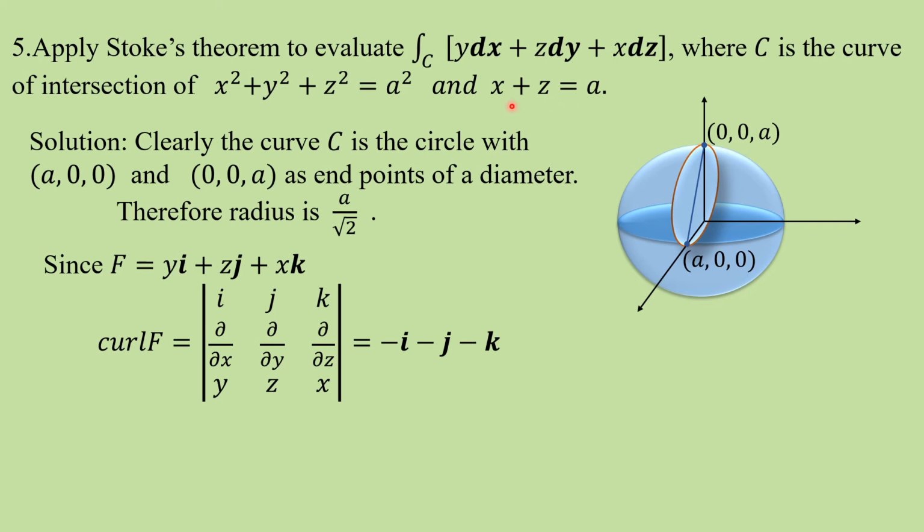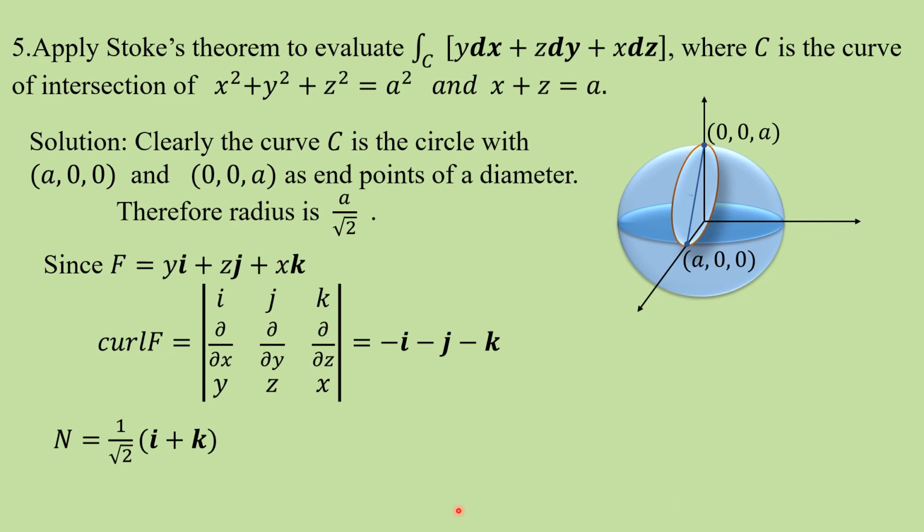So i dou phi by dou x plus j dou phi by dou y plus k dou phi by dou z gives the normal to the surface. Dou phi by dou x is 1, dou phi by dou y is 0, dou phi by dou z is also 1. So i plus k. But I want n, the unit outward normal to the surface, so divide by its magnitude, which is square root of 2. So I have 1 by root 2 times (i plus k).